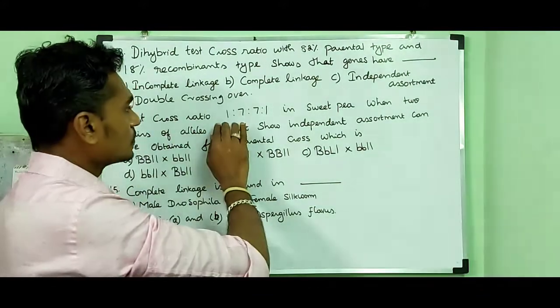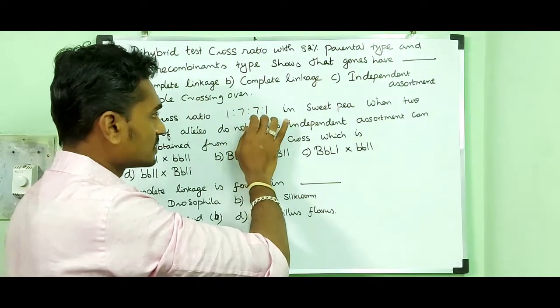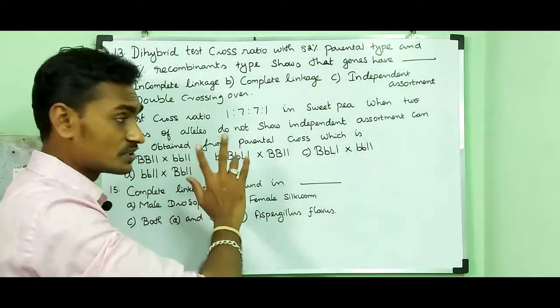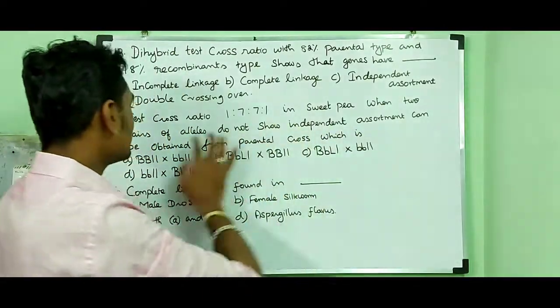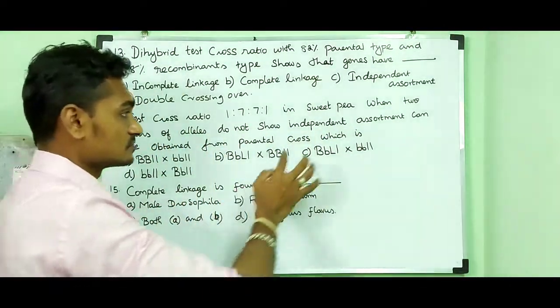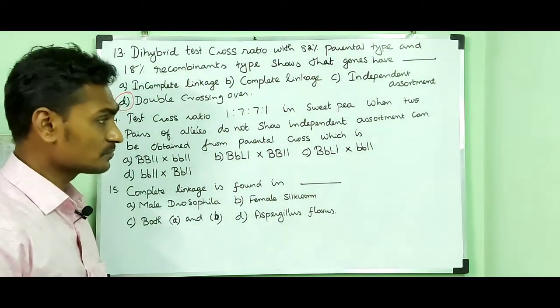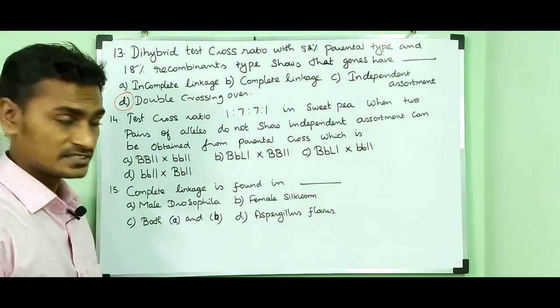Test cross ratio 1:7:7:1 in sweet pea, when two pairs of alleles do not show independent assortment, can be obtained from a parental cross which is dash. It shows incomplete linkage.